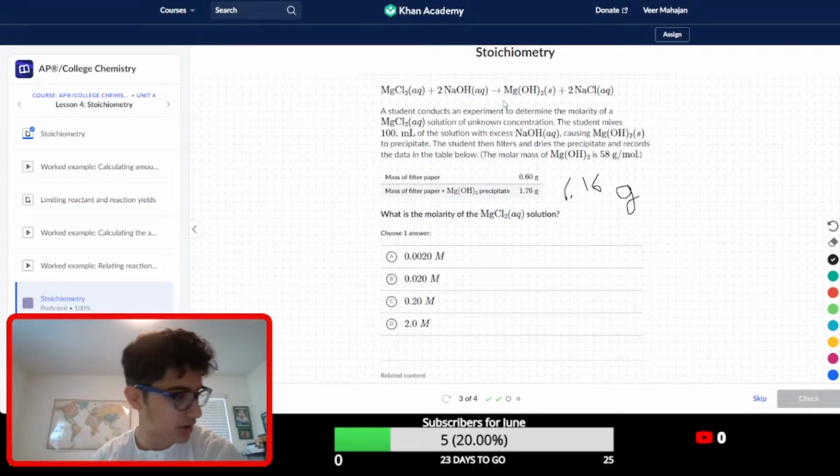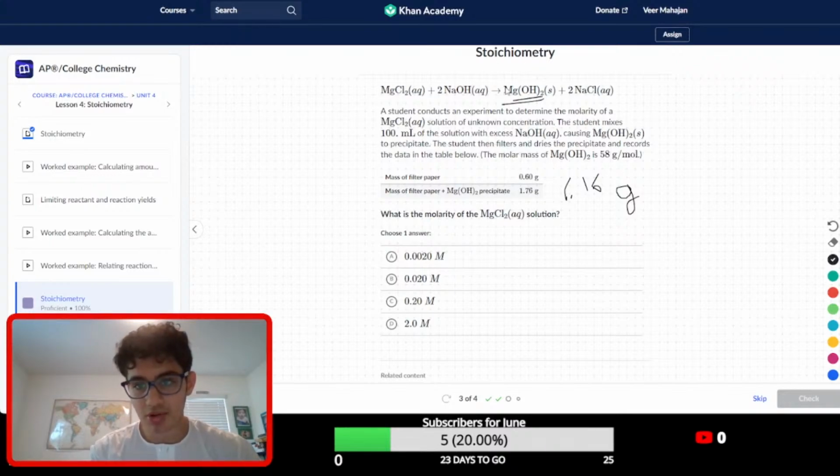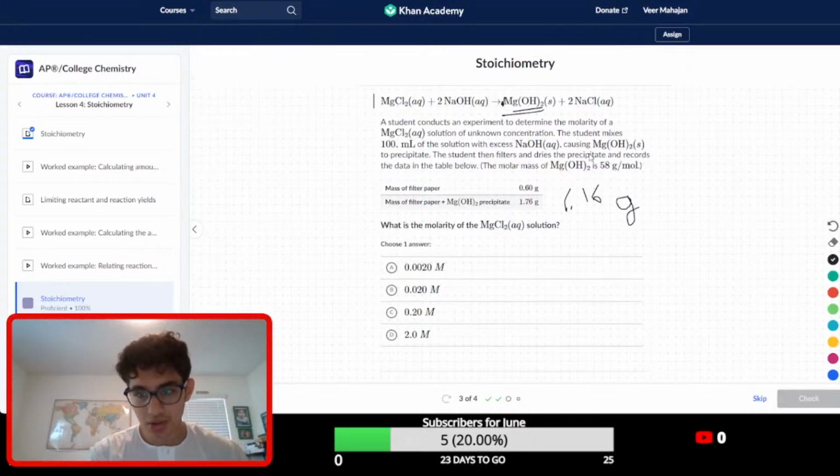This could be wrong again. I think it'll just be the same as the molarity of this, or yeah, it has to be because the number of moles of this is the same as the number of moles of that, and so we know that it's in 100 milliliters, which is 0.1 liters.